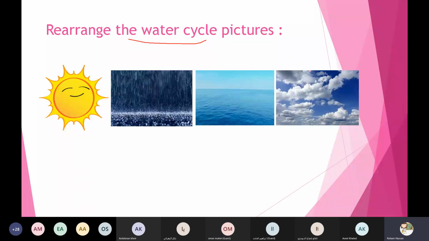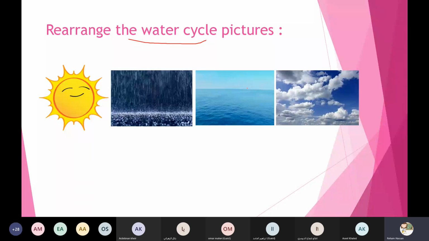So these clouds form from water. And how does this water change to the clouds? On the land, on the air. When this water goes up into the air, it forms the clouds, okay?